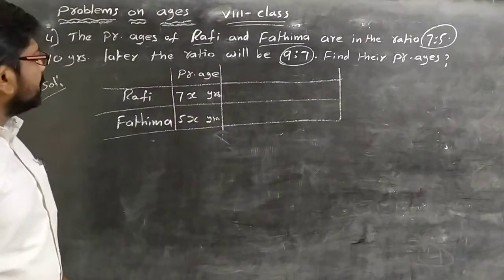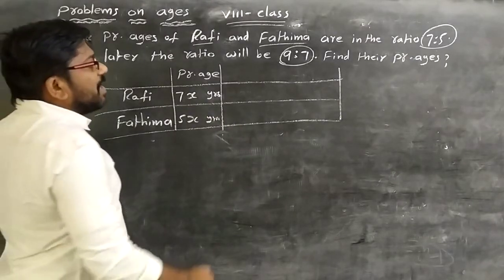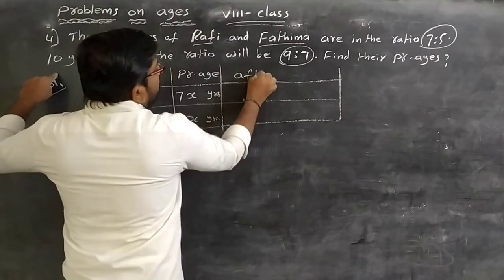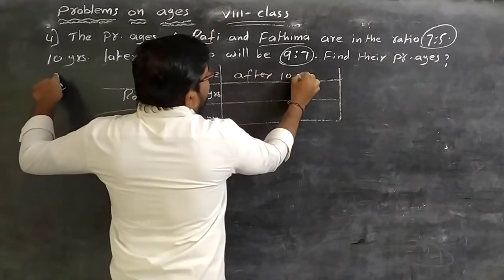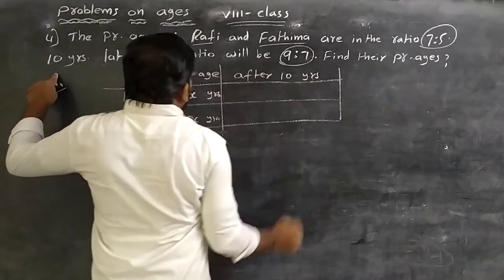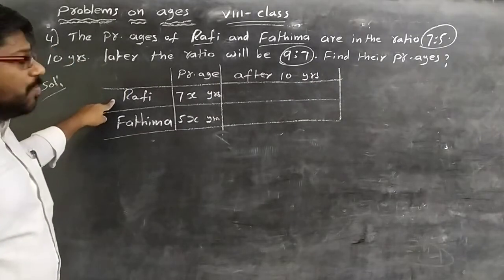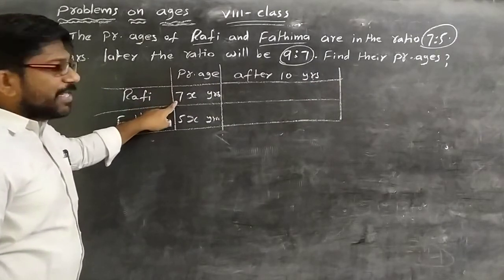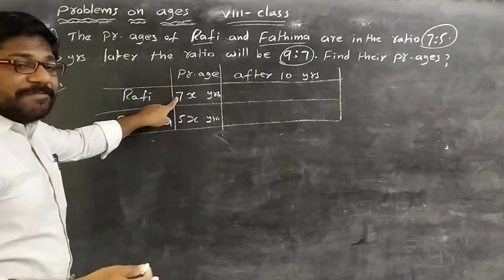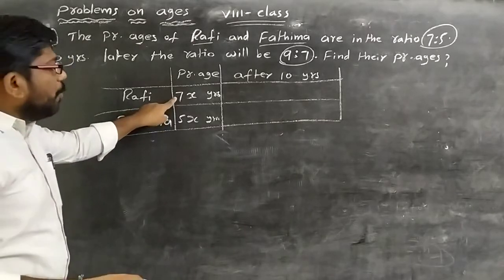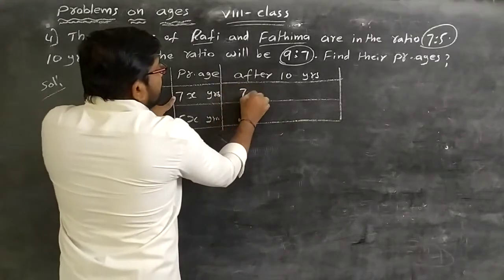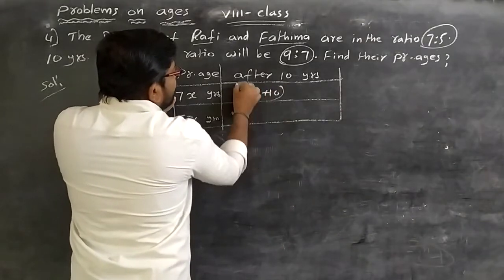That is the present ages. Ten years later means after 10 years. After 10 years, Rafi's present age is 7x, and after means we have to add 10 to the present age: 7x plus 10.